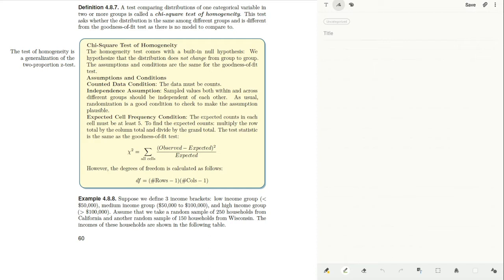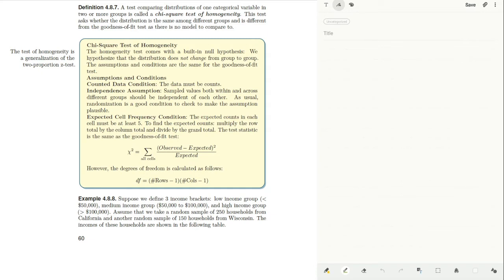Now to find the expected counts for each cell in a contingency table, we multiply the row total with the column total, and then divide this by the grand total. And to find the degrees of freedom, we take the number of rows minus 1 and multiply it by the number of columns minus 1.